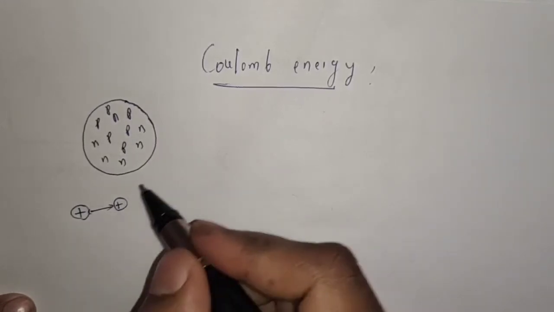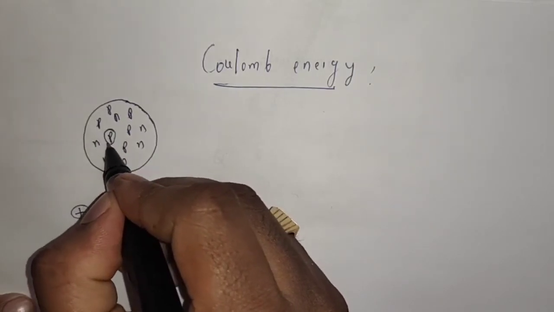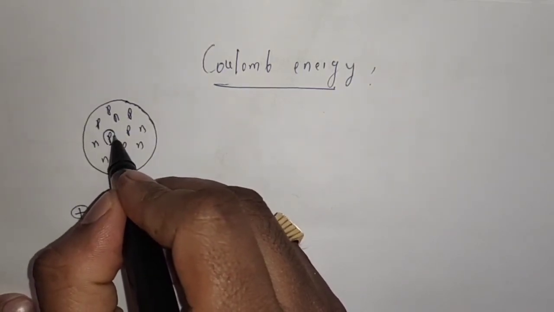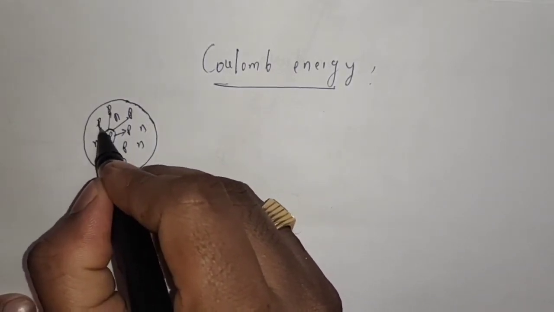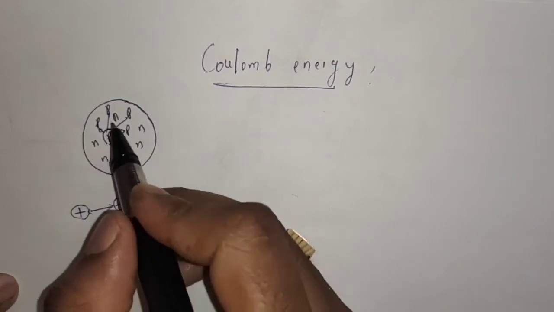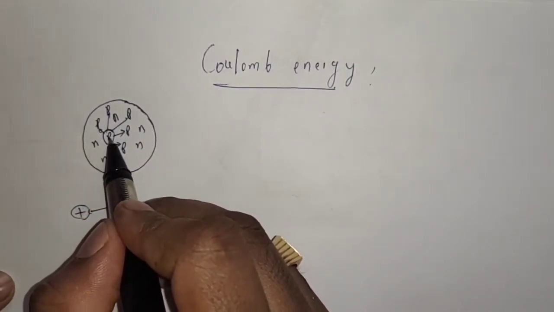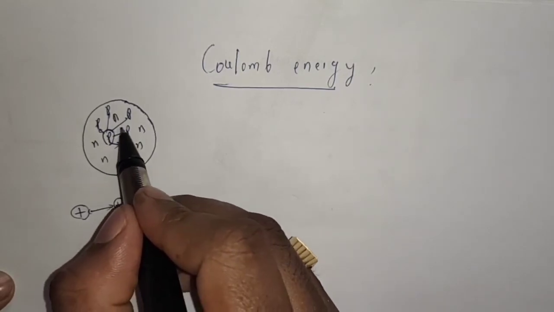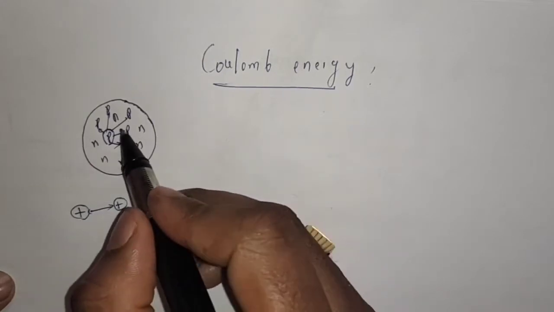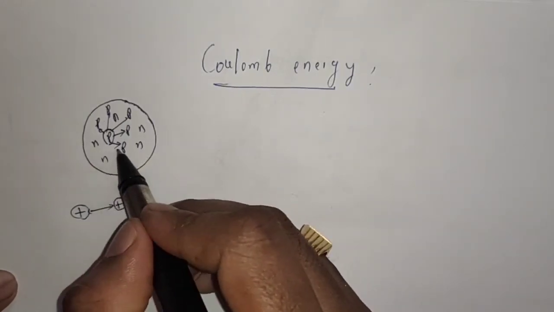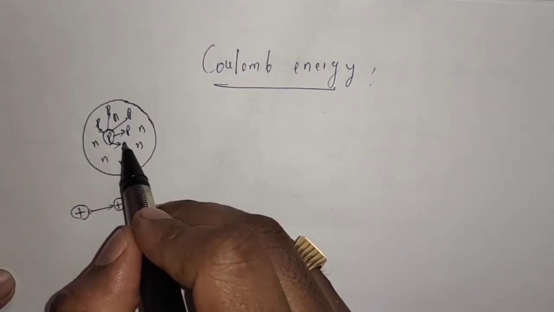In the nucleus, each proton interacts with all the other protons present. Because of their positive charge, Coulomb repulsive forces are produced due to the mutual repulsion between protons. This also reduces the binding energy of the nucleus.